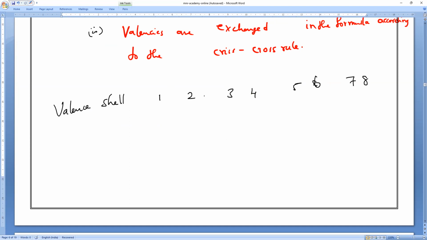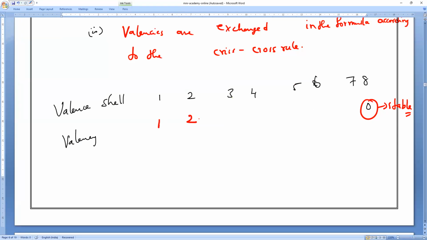Based upon that, if 8 electrons are there, what is the valency? 0, because they become stable. One valence electron, valency is 1.